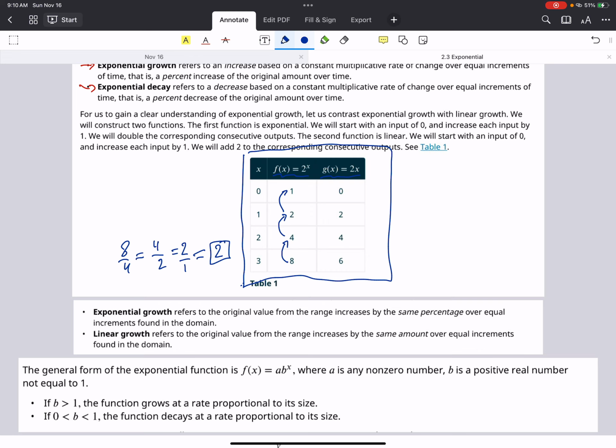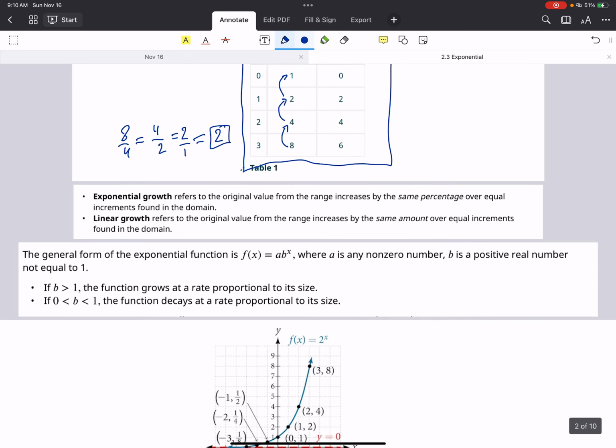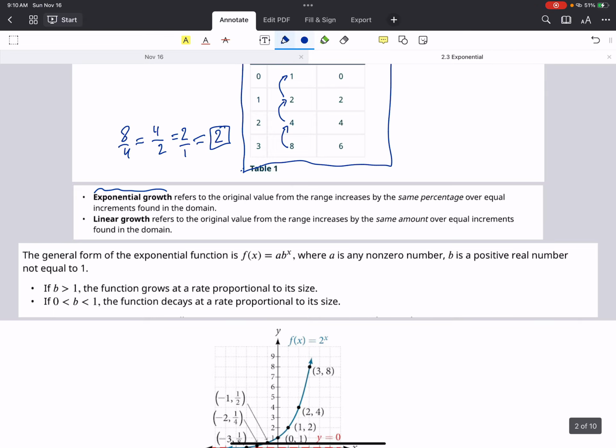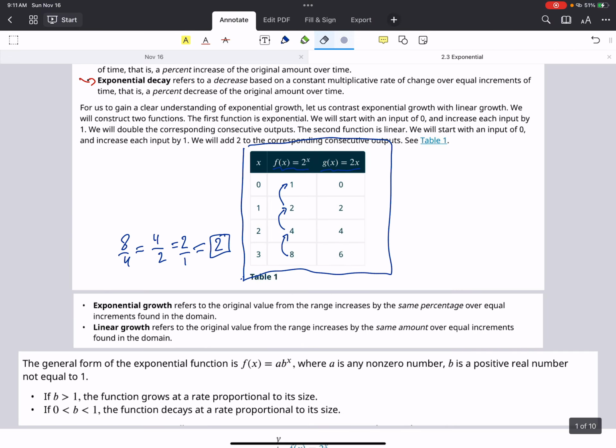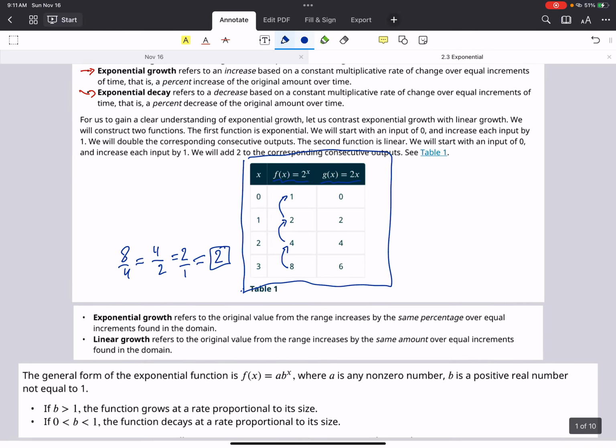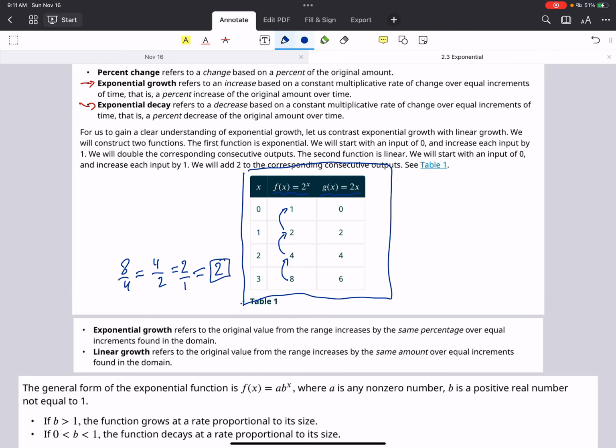Now, what else do we have? So yeah, I told you exponential growth refers to the original value from the range increasing by the same percentage over equal increments found in the domain. And linear growth is basically increasing by the same amount over equal increments. Now, with exponential decay, we're basically decreasing as a percent.